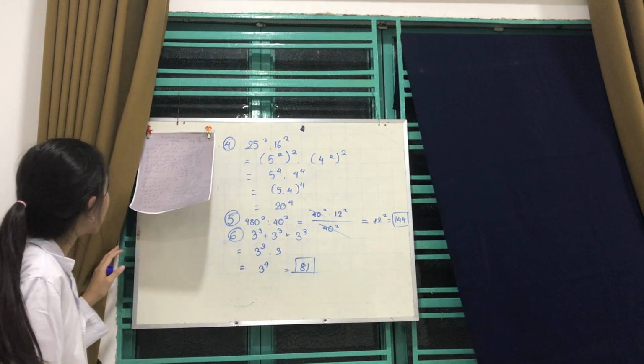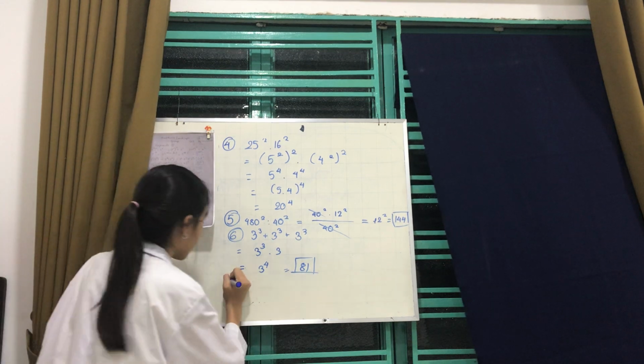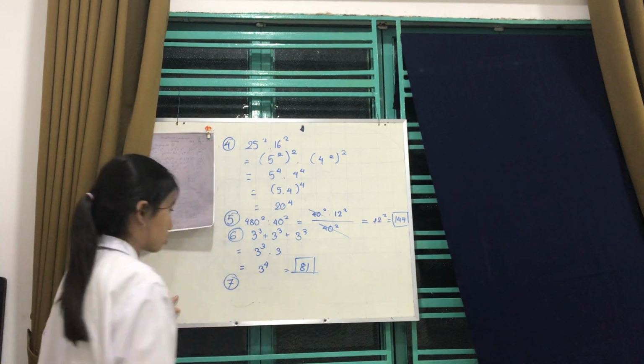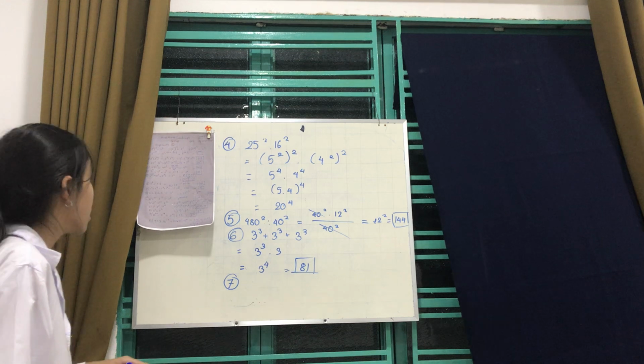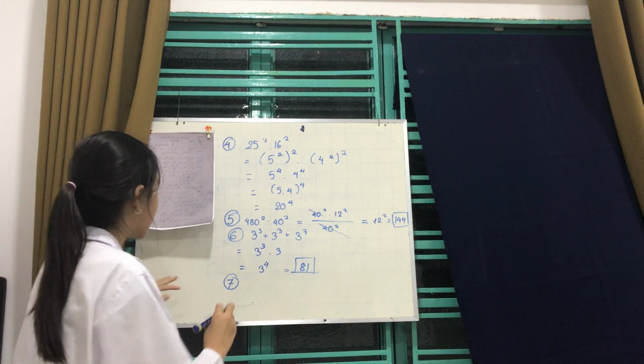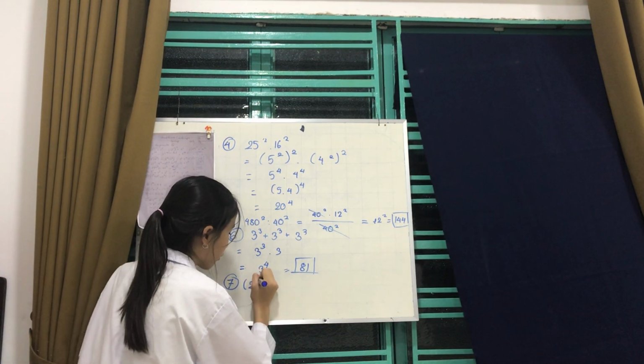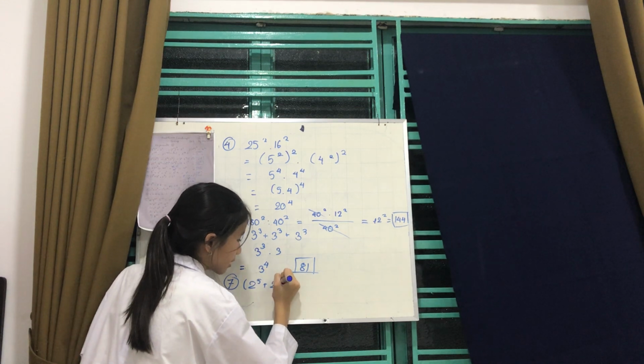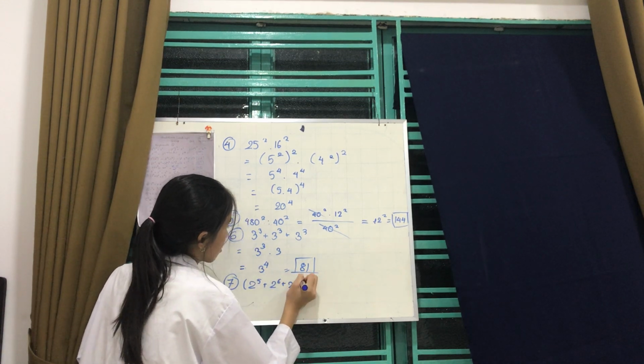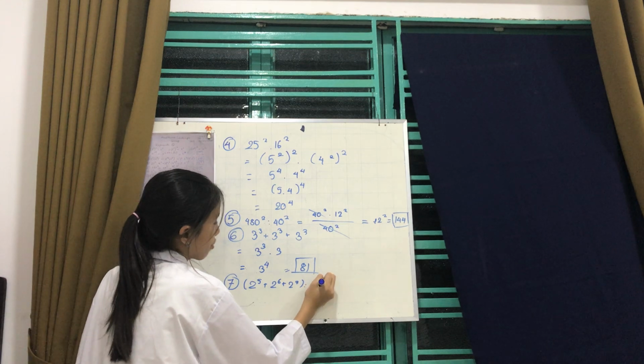Problem number 7. Okay, I think that we will be able to fit problem number 7 in here. Problem number 7 is 2 to the power of 5 plus 2 to the power of 6 plus 2 to the power of 7, divided by 2 to the power of 3.